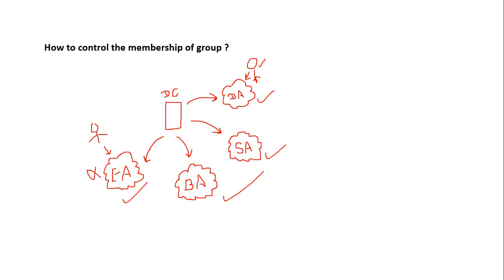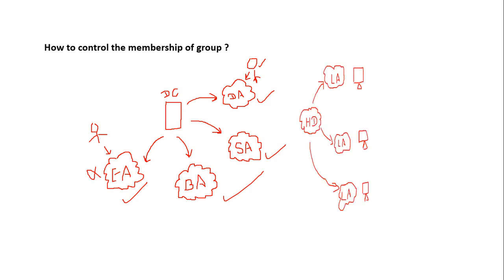Another thing that we would like to achieve is the membership of the local groups on the domain joined devices. For instance, these are some domain joined computers, and all the domain joined computers have their own local admin groups. And now I want to have the membership of these local admin groups. By default, the domain admin group has the membership of all these local admin groups on domain joined devices.